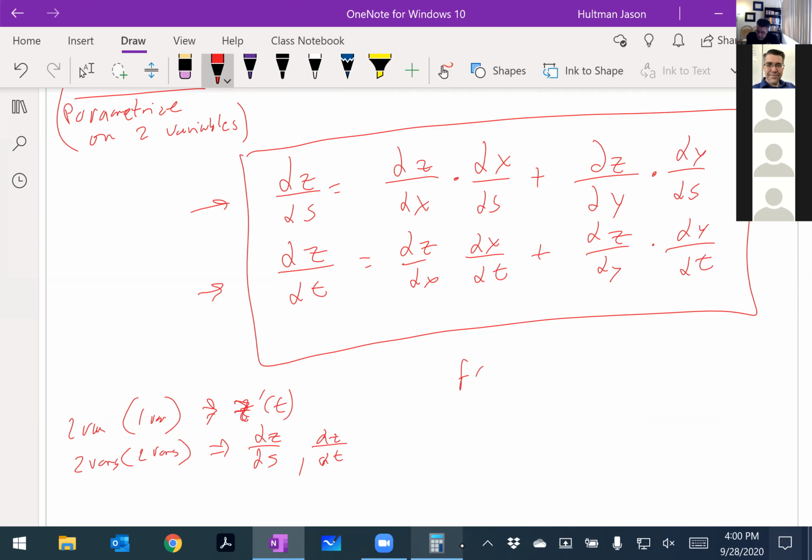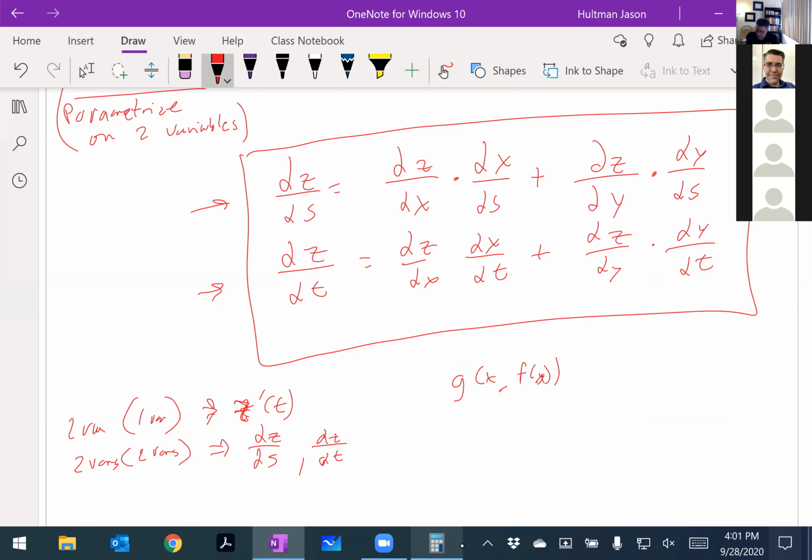It'd be like if I had x and f of x. Let's call this g, right? G of x and f of x. So it's the same thing. Here we just have a function of x and y.